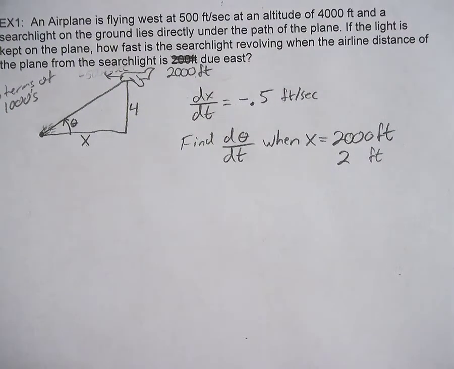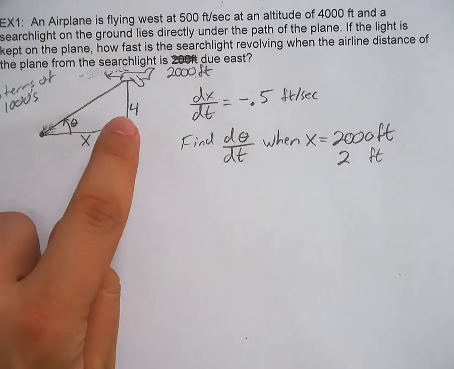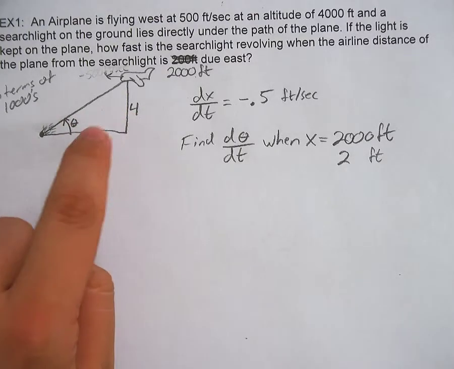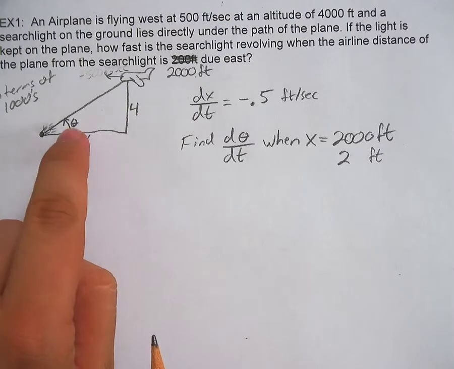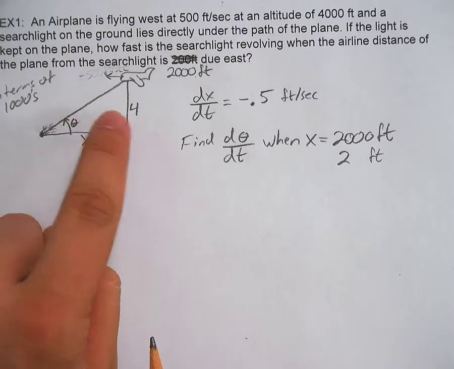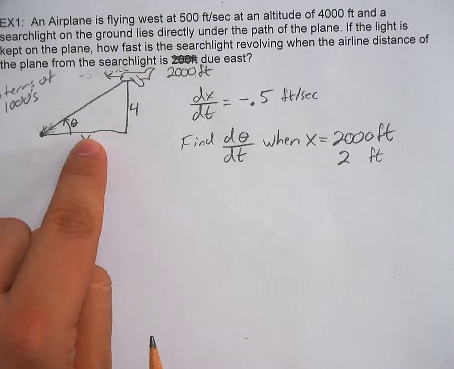Okay, so think about this for a second. I need a relationship between an angle, the height, and the horizontal distance. I need a relationship between an angle, a vertical distance, and a horizontal distance.